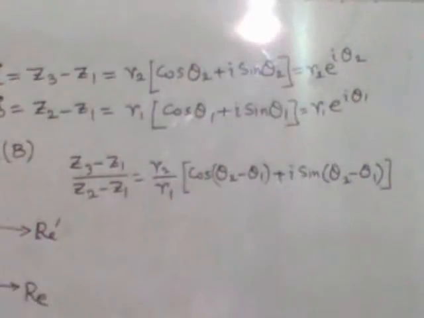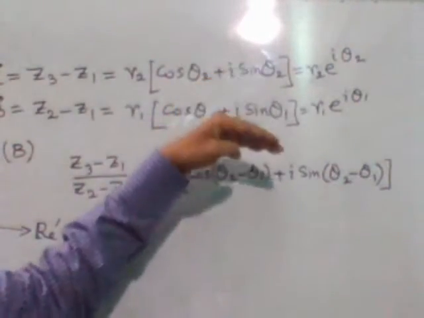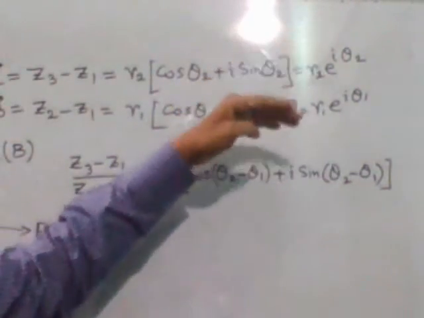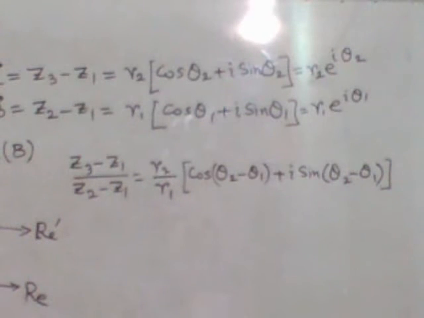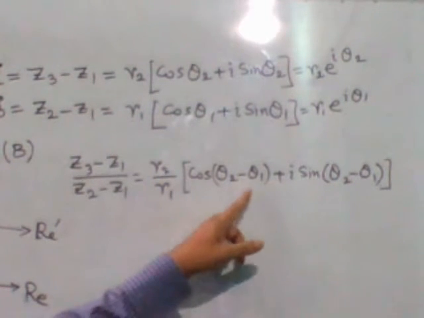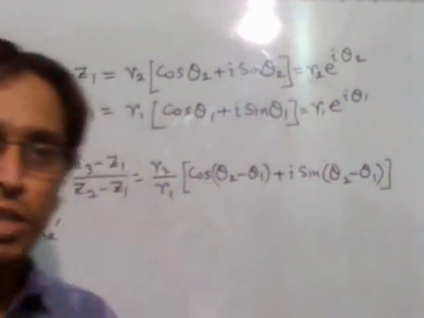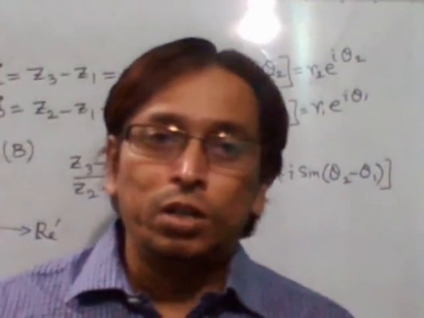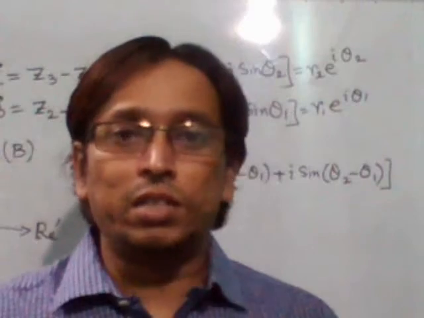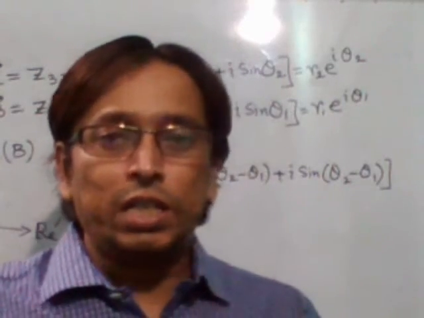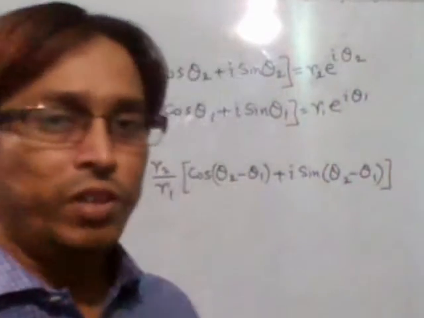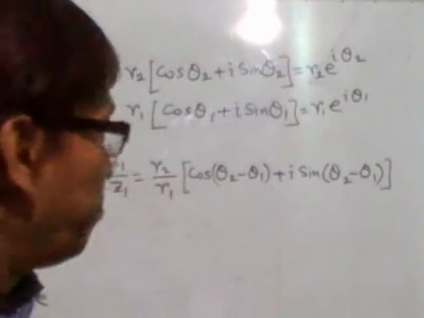Now if we divide R2 by R1 and e to the power I θ2 by e to the power I θ1, then we will get e to the power I θ2 minus θ1. This in turn will give cos θ2 minus θ1 plus I sin θ2 minus θ1. For better understanding I recommend you see my previous classes, in which I have described how we get this from the Eulerian form.